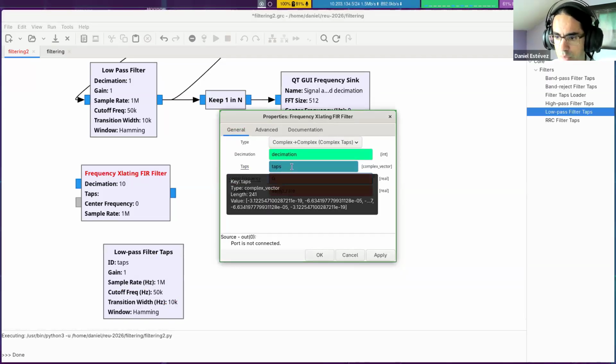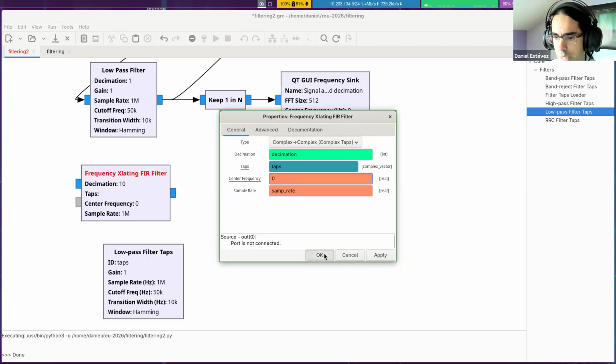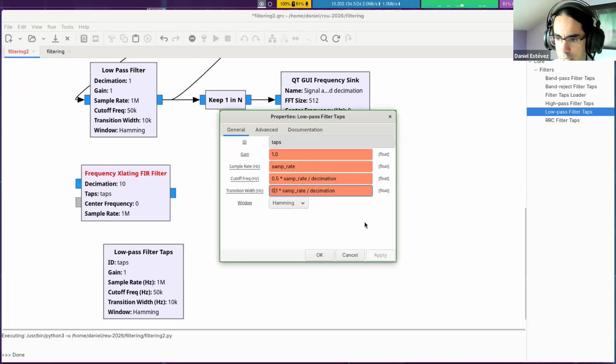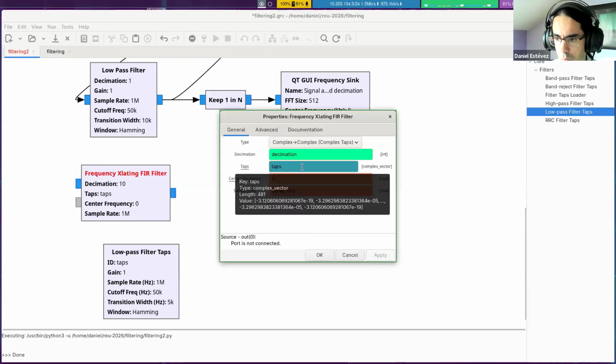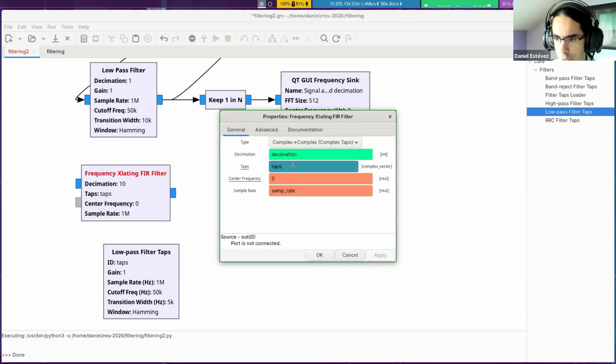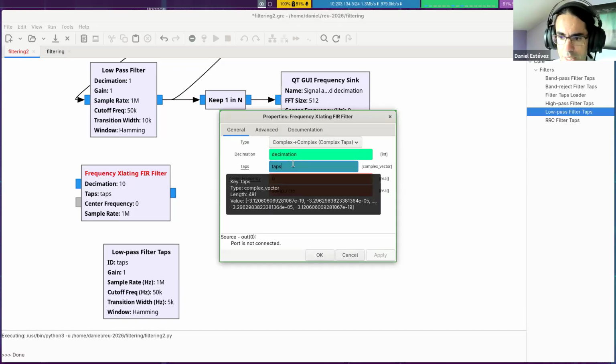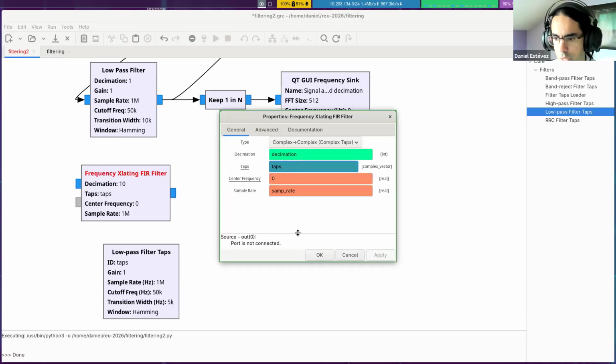And the beauty of doing something like this is that we can actually see the filter as a list of numbers. So we can see there are 241 numbers, and the numbers are there. And for example, if I decrease this, we should get more numbers. 481 numbers, essentially twice as many numbers.